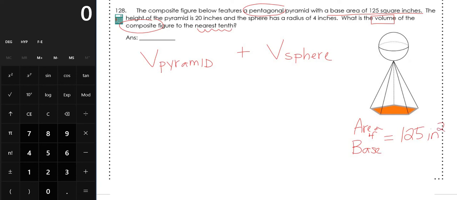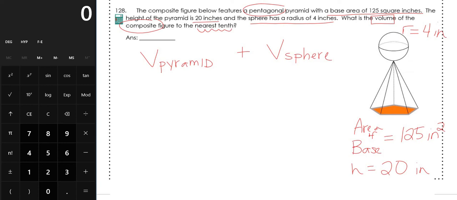And then the height of the pyramid equals 20 inches. So they're both in the same unit of measurement, inches. And then they tell us that the sphere has a radius of 4 inches. Good thing again, they're all in the same unit of measurement, inches.